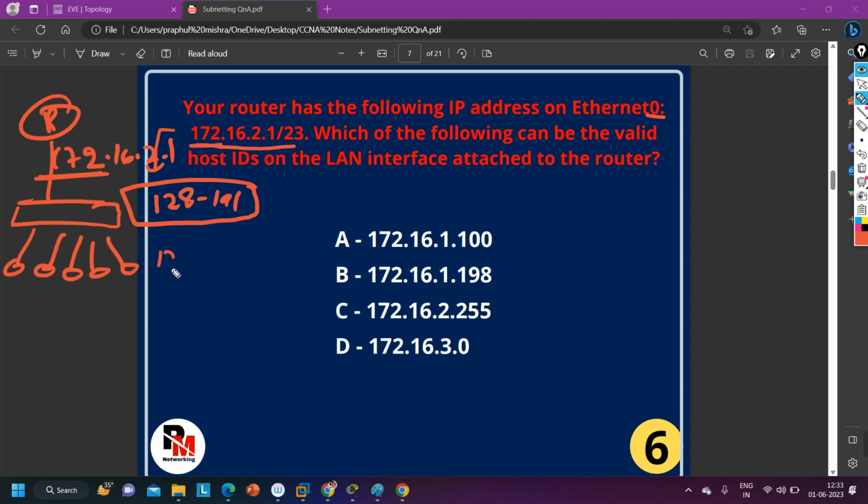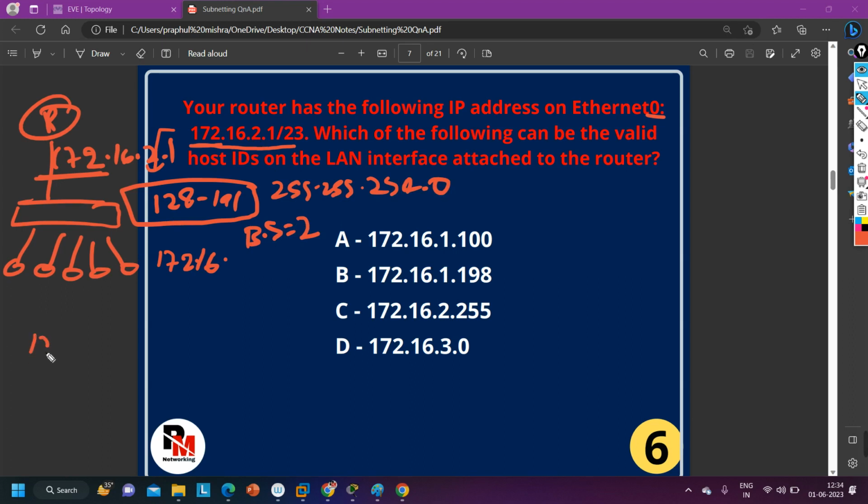Slash 23 means my subnet mask is 255.255.254.0. So the block size will be 256 minus 254, that will be 2.